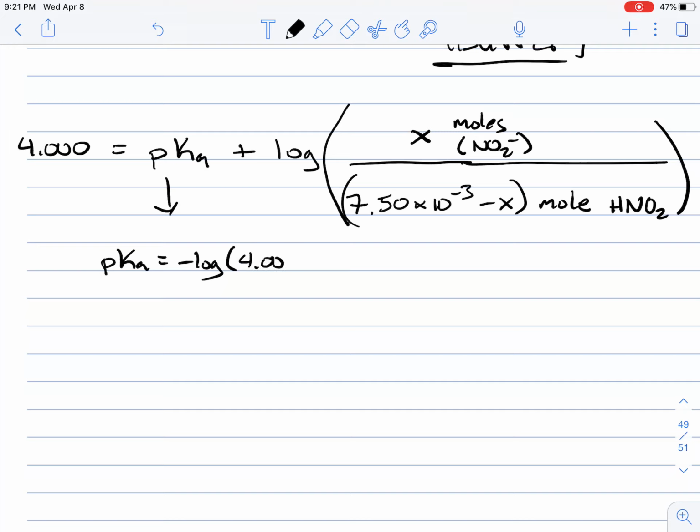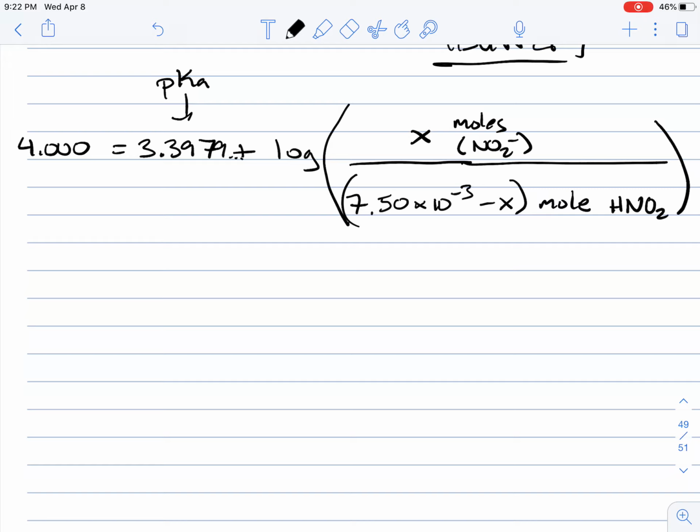If I plug that into my calculator, the value that I get is 3.3979, and then there's a whole bunch of numbers. This is going to represent my pKa. I just took the negative log of 4.0 times 10 to the negative 4.